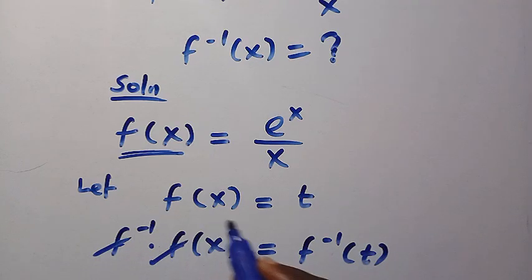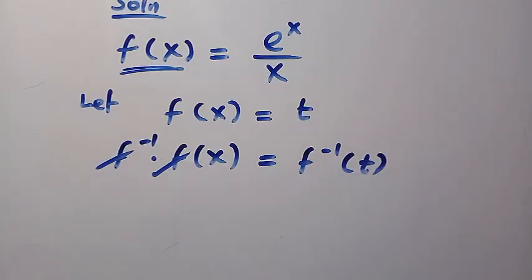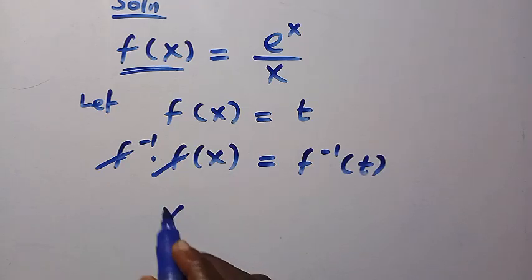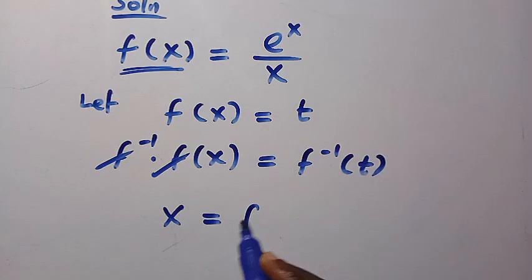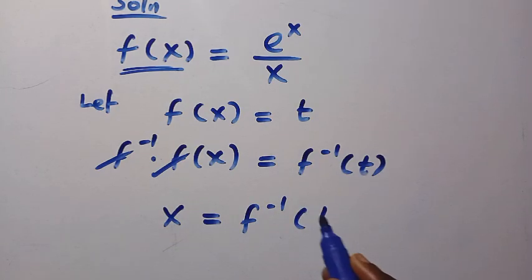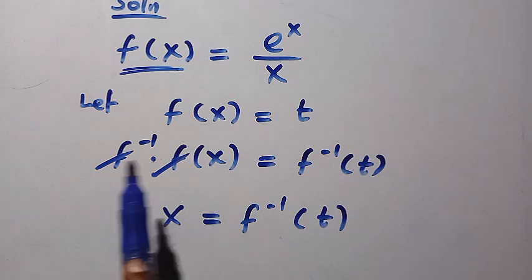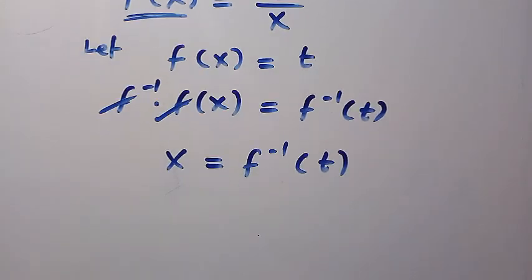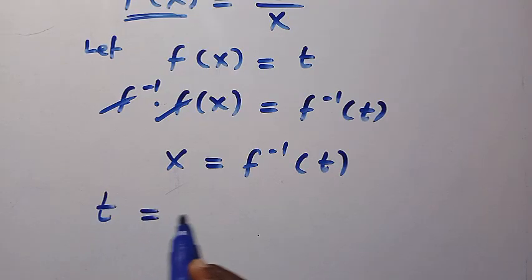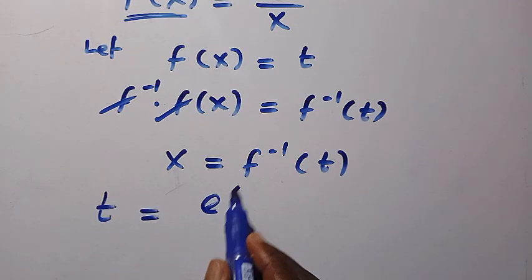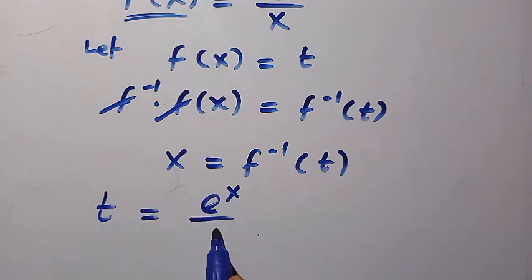If this and this cancel, then we have x equals f inverse of t. And let's replace f of x with t. Then we have t equals e to the power of x divided by x.